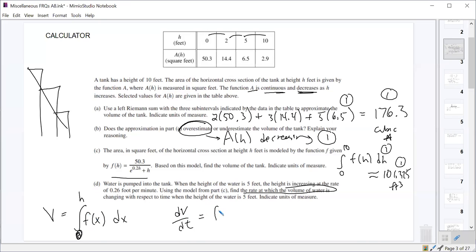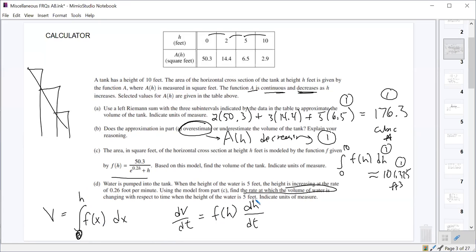It should be f of h times dh/dt. This is just a constant to a variable of some function, so its derivative is just that function evaluated at that variable. That's the first part of the fundamental theorem of calculus.